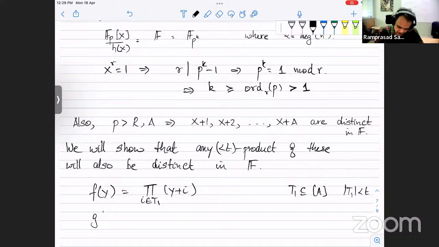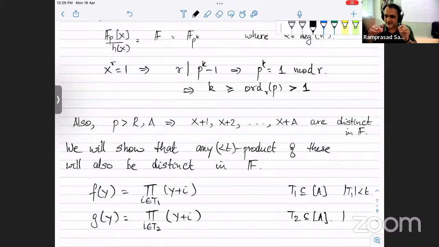Similarly, g(y) is another such product, with T2 a subset of these. Maybe there are repetitions, and probably powers going on; I'm just ignoring all of that. T2 is also strictly smaller.